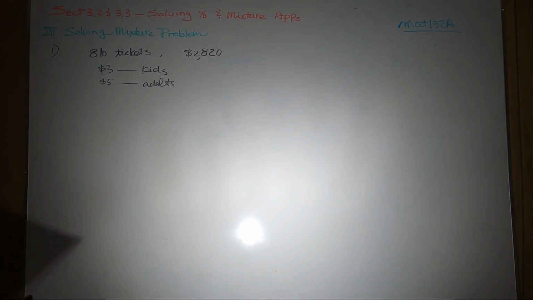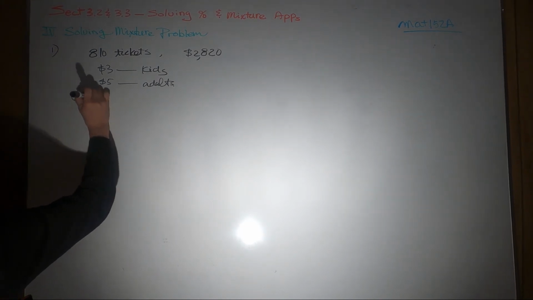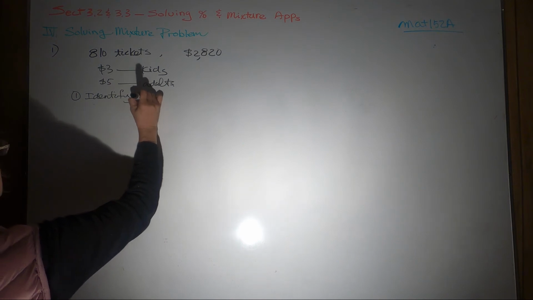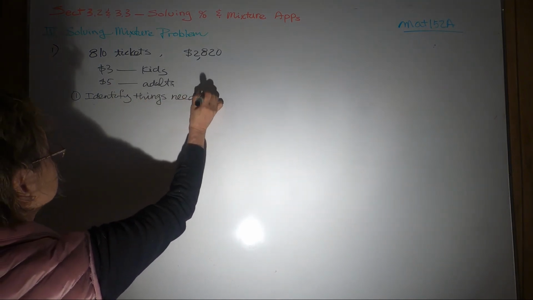So, how many things we need to know? 2 things. How many children's tickets and how many adult tickets? 2 things, right? How should we start? We say first, you will identify things needed with how many variables?